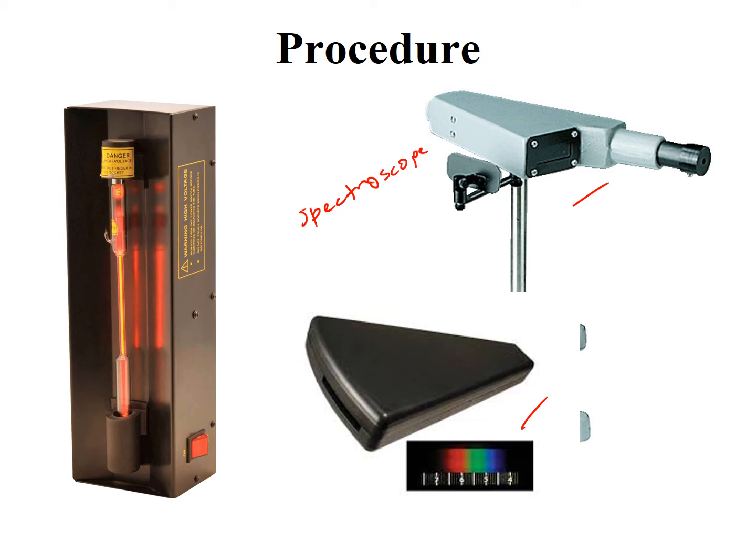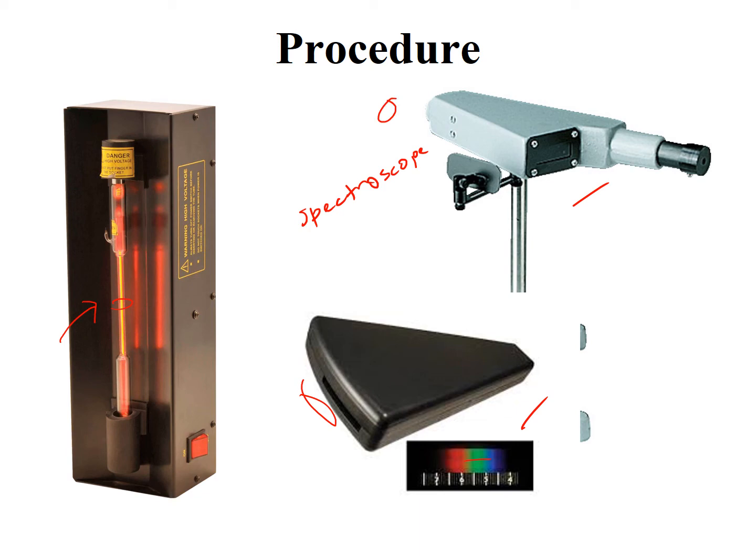You have a discharge tube here that contains a lamp for a specific element, and you're going to focus the device on the light source and determine what line spectra come out.